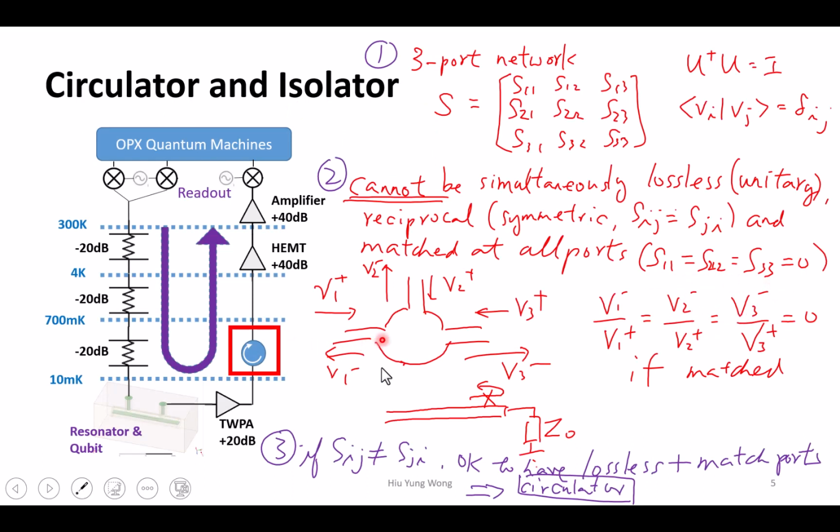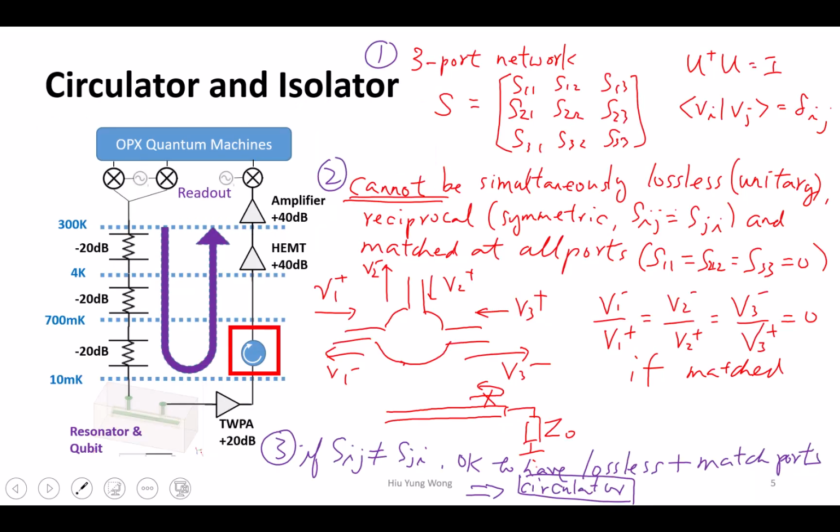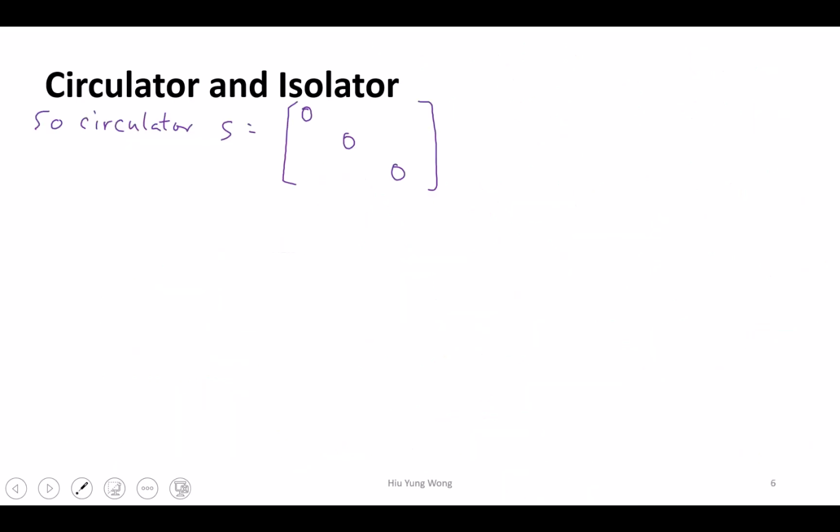Whatever goes in won't come back. It will just go to other ports. The diagonal is the reflection coefficient, which is talking about V1 minus divided by V1 plus, which is S11 by definition. That is gamma for your 2-port system.